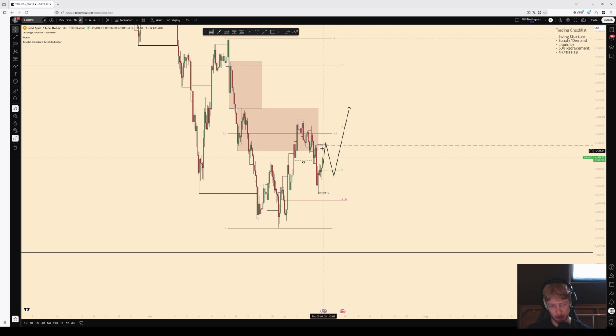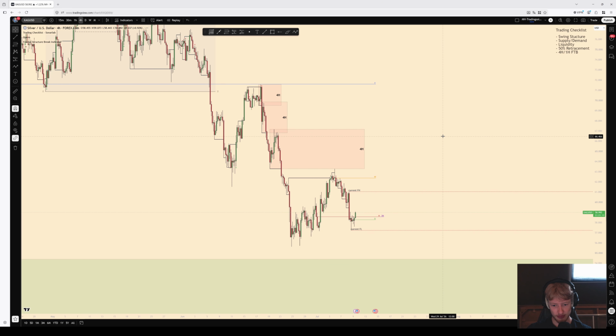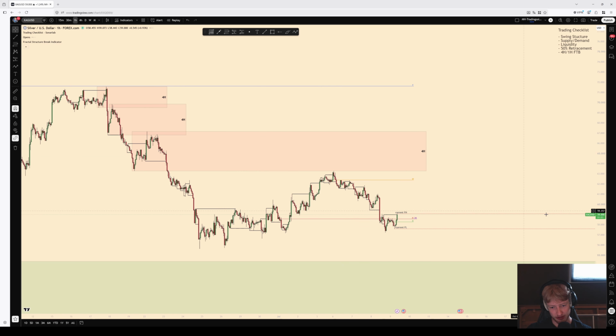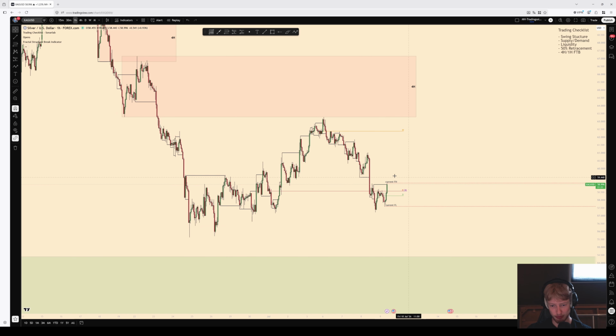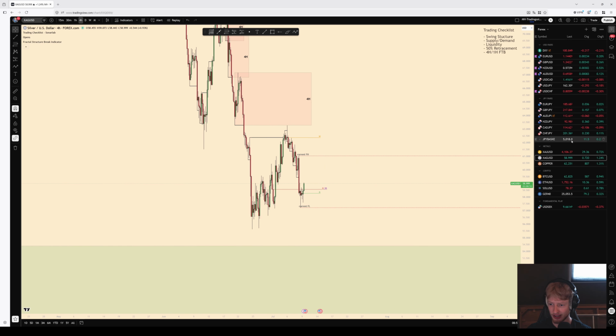Otherwise, I do think price will just continue to fall down lower towards at least this low over here. On silver as well, silver continued down lower, is showing a little bit of a pullback right now. Nothing significant, just a lot of bearish pressure still. And I'm not looking for any positions on silver as of now. I'm just going to let this do its thing.